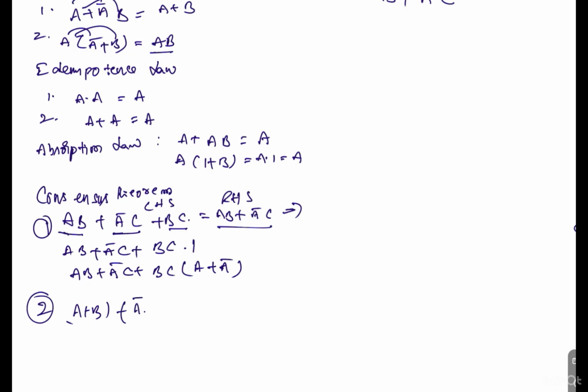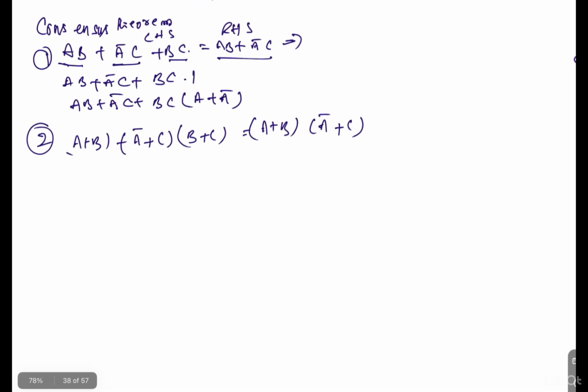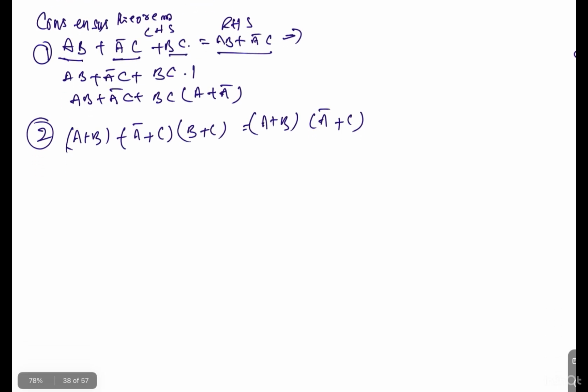So (A bar plus C) dot (B plus C) equals (A plus B) dot (A bar plus C). We need to prove that LHS equals RHS. For this you have to take the LHS side, so this is (A plus B)(A bar plus C)(B plus C).